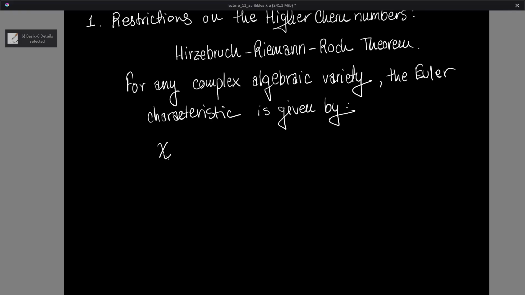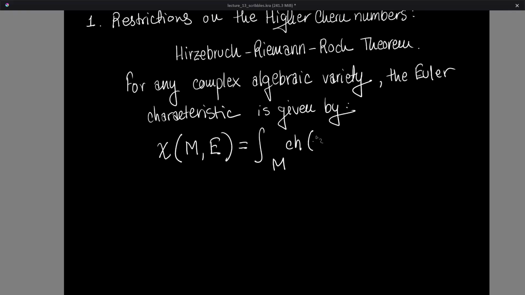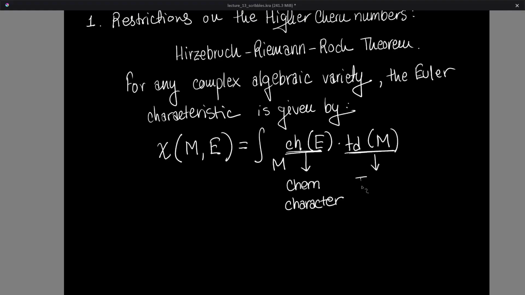chi, which we usually call the Euler characteristic of M comma E, is equal to the integral over M of ch of E times td of M. I'm going to explain what this is. This is something called the Chern character, and this is something called the Todd class.